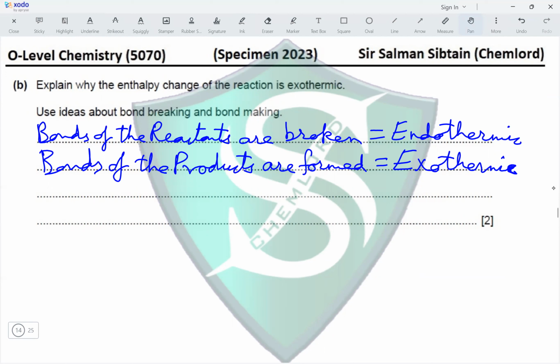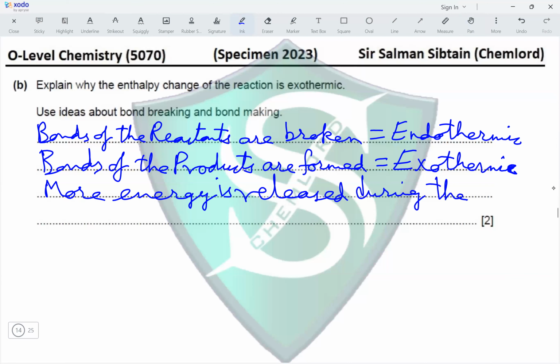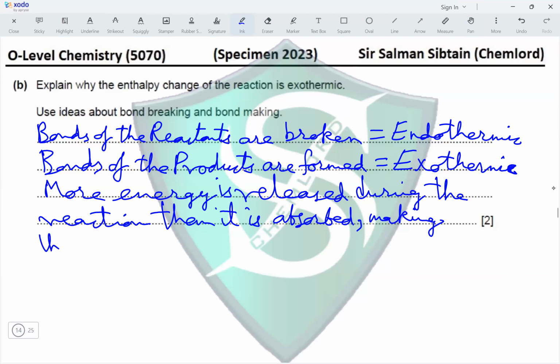So we will write more energy is released during the reaction than it is absorbed, making the whole process exothermic.